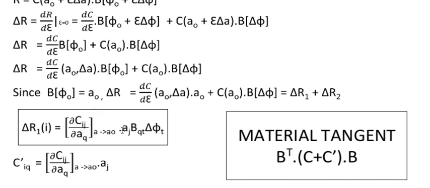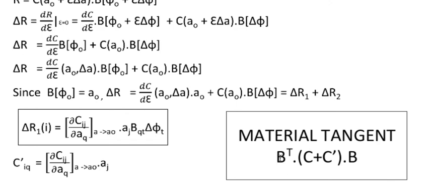After delta A has come out, what we are left with in this matrix is only in terms of A naught, so we substitute A as A naught, and these terms are then added together according to the rule given here, and what we get from this whole thing is C dash. Okay, so this is del Cij by del Aq. Q and I are the free indices, J is a repeated index.